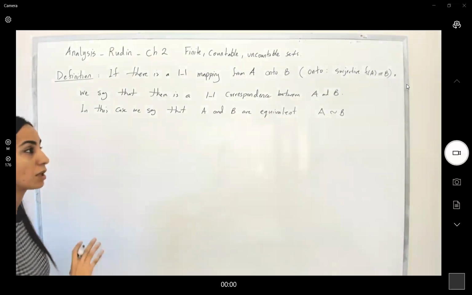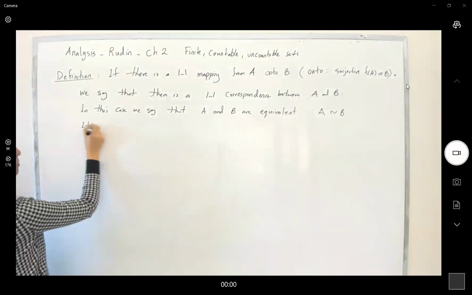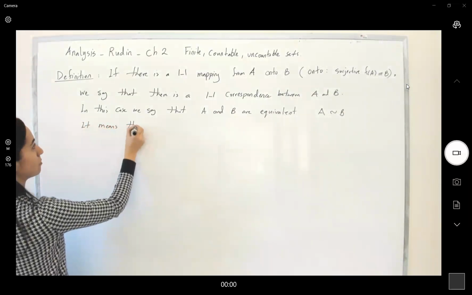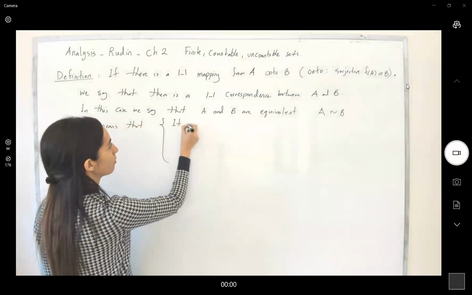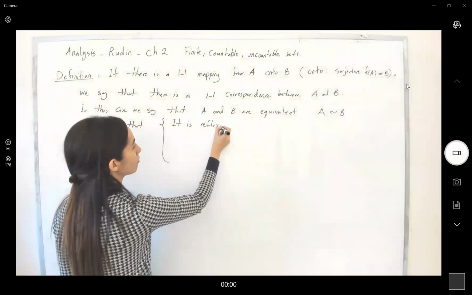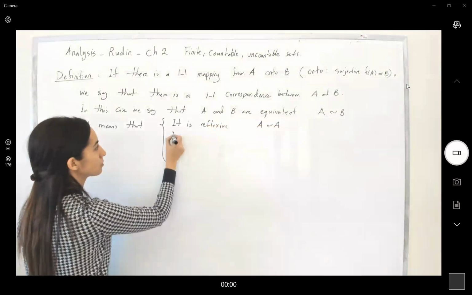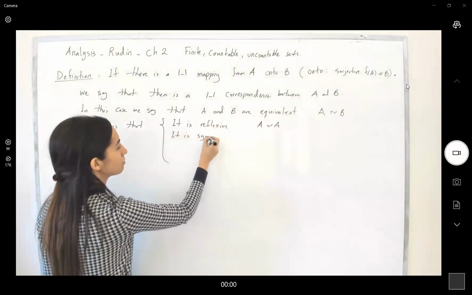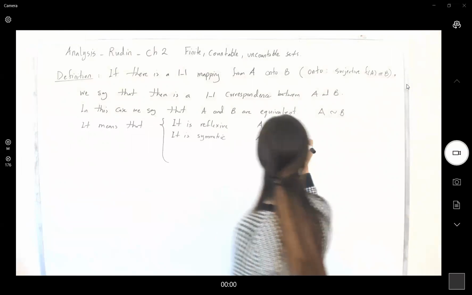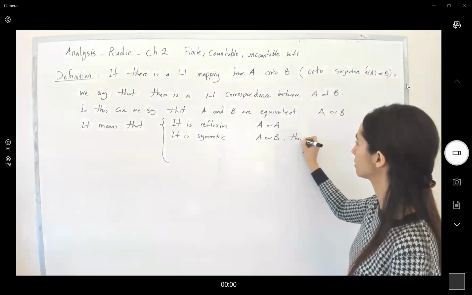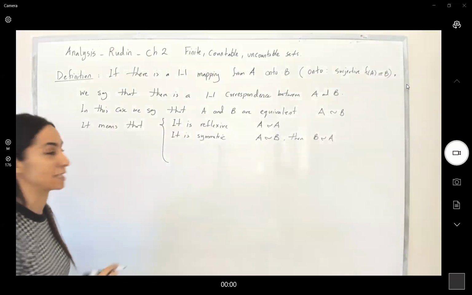It means that the relation between A and B is reflexive. It means that A is equivalent to A. It is symmetric. It means that if A is equivalent to B, then we can conclude that B is also equivalent to A. And finally, it's transitive.